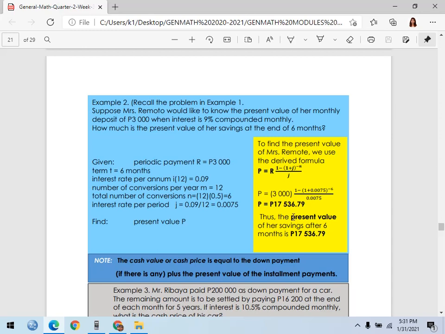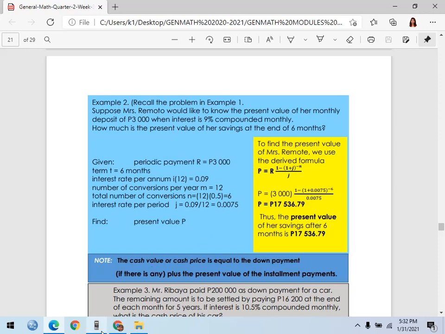So, for P, or the present value, the formula is R times 1 minus 1 plus J raised to negative N divided by J. So, substitute the values. R is 3,000, J is 0.0075, N is 6, and J again sa ibaba is 0.0075.